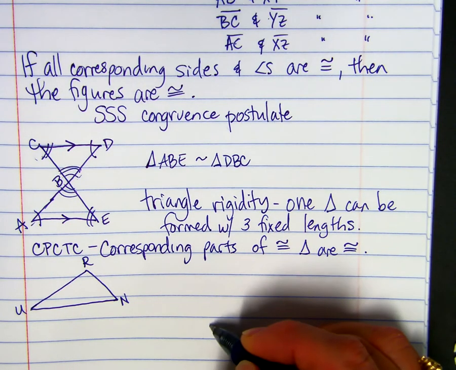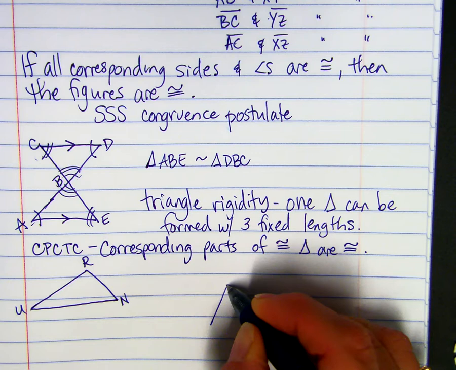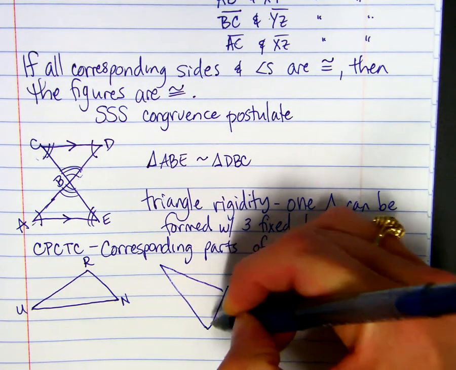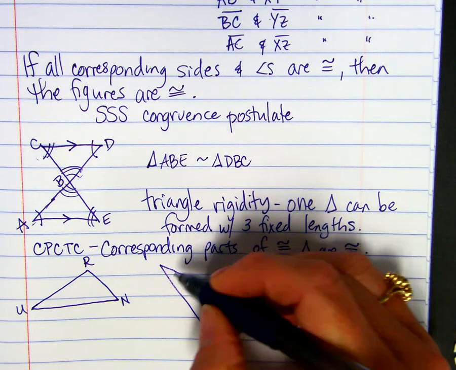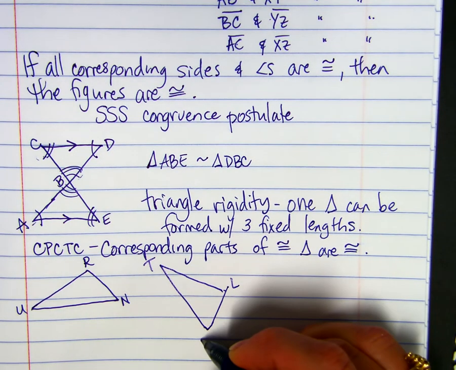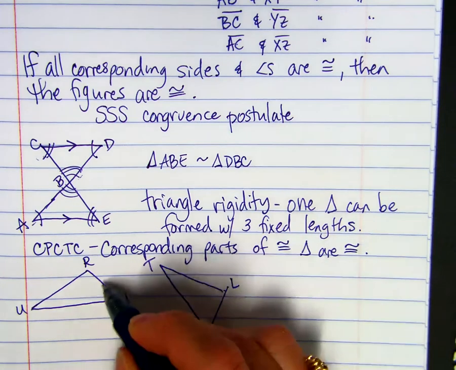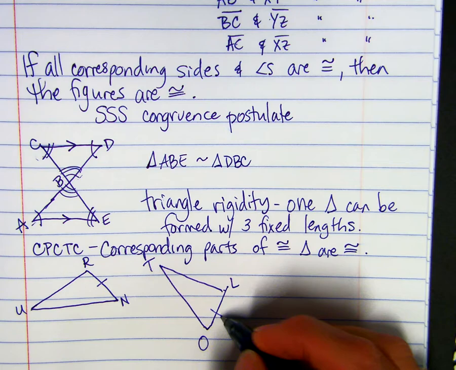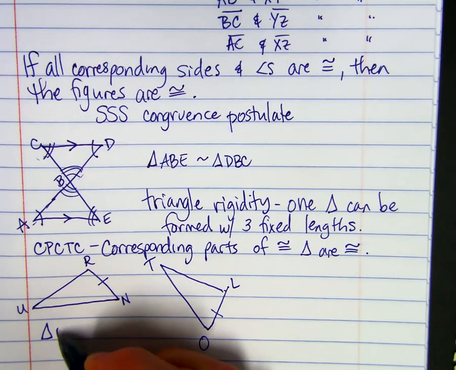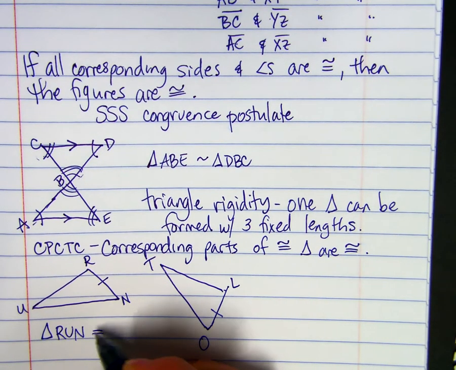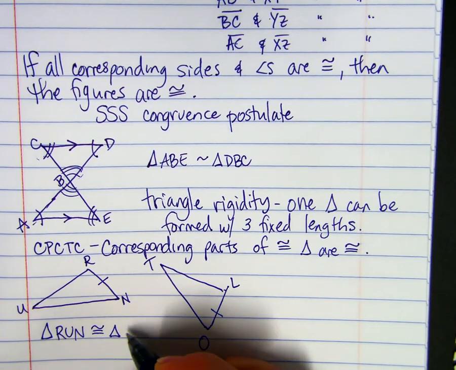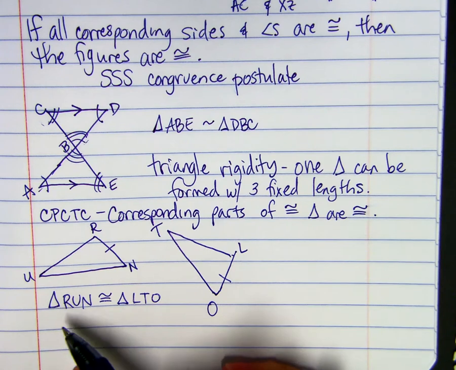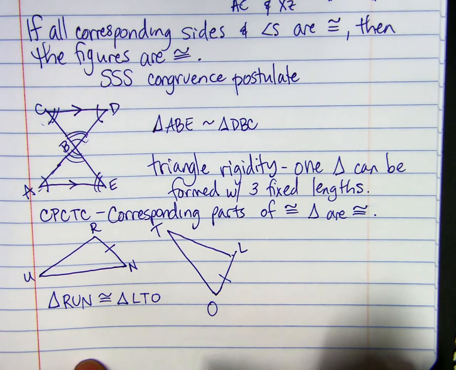All right, we're going to draw two triangles oriented slightly differently so that we can talk about this CPCTC. So RN is going to correspond with L. Oh wait, I'm going to write the congruent statement first. Okay. So triangle RUN is congruent to triangle LTO.